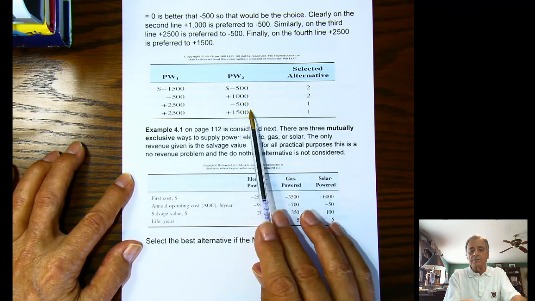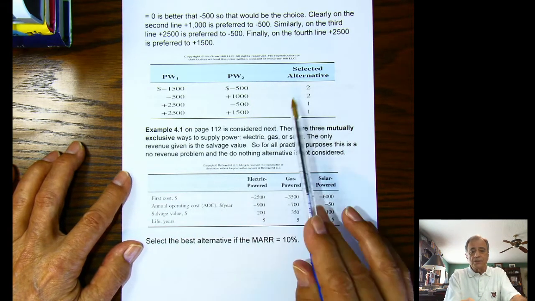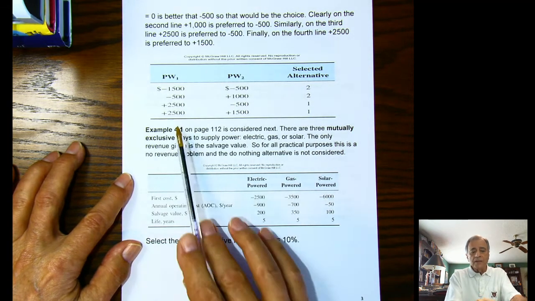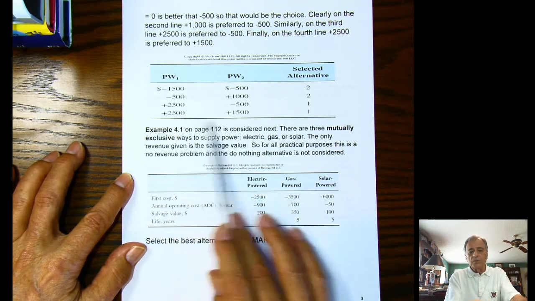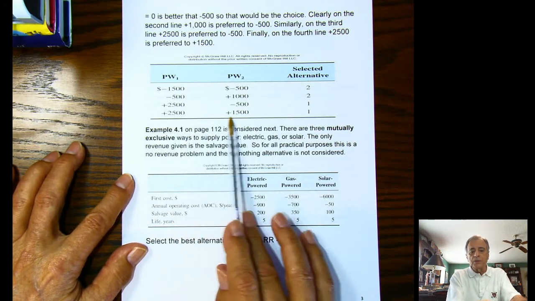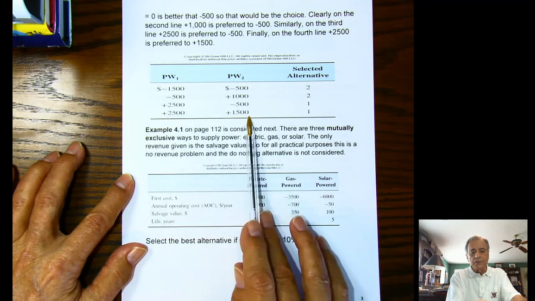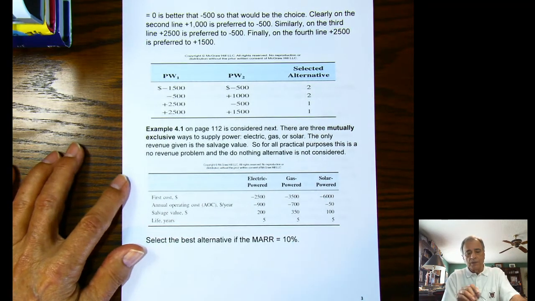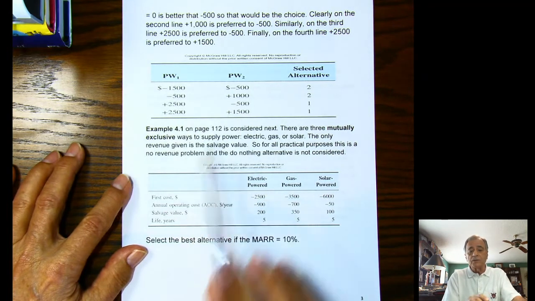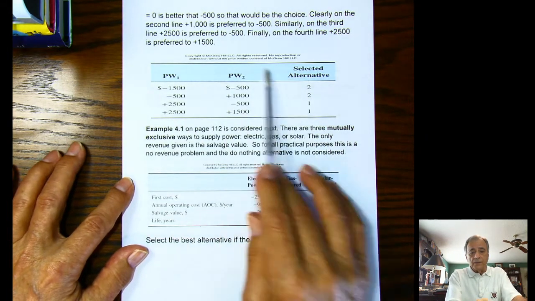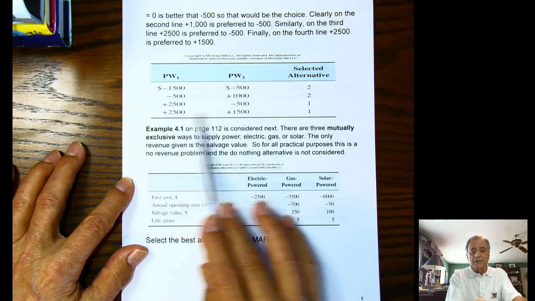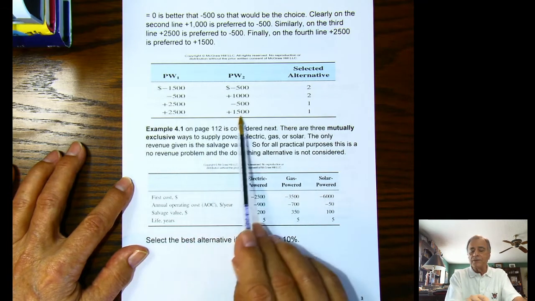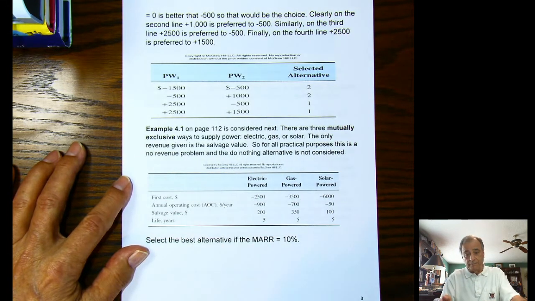Project 2 has minus 500. So project 2 certainly wouldn't be considered. You'd select 1. And finally, row 4, you're looking at 2 alternatives, 1 and 2. The 1 has a higher present worth, so it's selected. Both of them have positive present worths. Now, if these were independent, you'd select both of those, but they are mutually exclusive, so you have to select one or the other, or none.